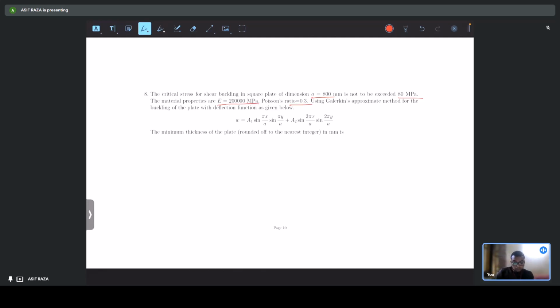Using Galerkin's approximate method for the buckling of the plate with the deflection as given below, the minimum thickness of the plate is rounded off to the nearest integer. So we are given the displacement function as a1 sin pi x by a sin pi y by a and a2 sin 2 pi x by a sin 2 pi y by a.